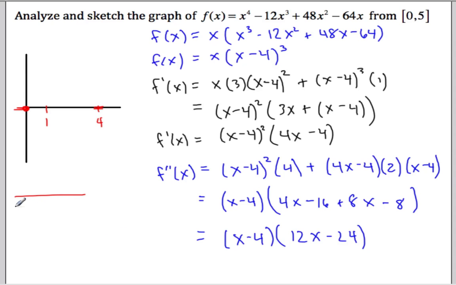All right, so f prime is 0 at 1 and 4. We'll just pick a half. If I plug in a half here, I get positive, and plug in a half right here, half of 4 is 2, minus 4 is negative. So from 0 to 1, it's going down. If I plug in 2, that's positive because of the squared, and 8 minus 4 is positive.